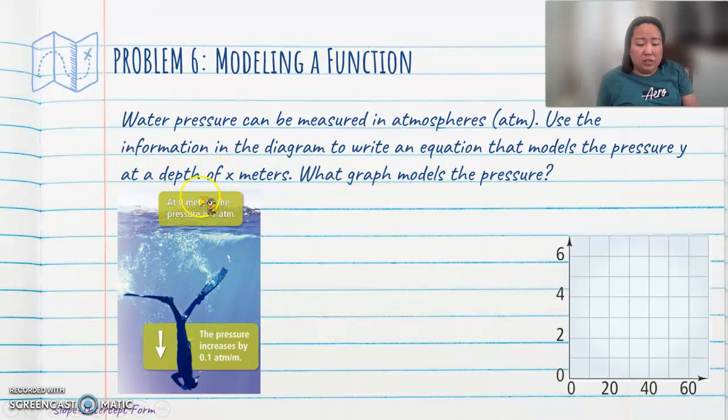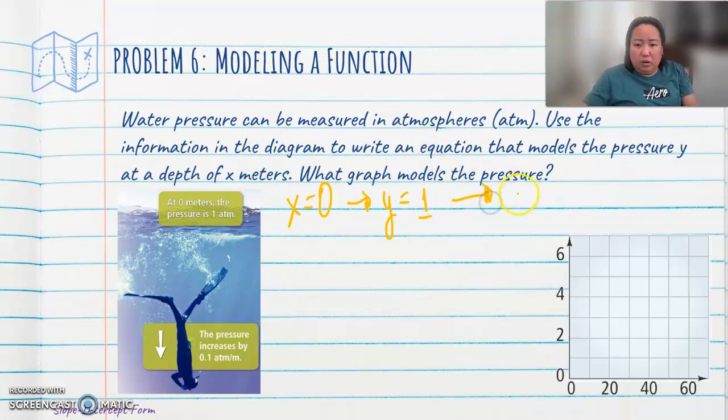So in this case, since we are given 0 as our reference point, okay, our pressure is at 1, okay? So if the distance x is 0, then the Y value is going to be 1 atmosphere. So according to here, the pressure is depending on the distance, okay? So if X is 0, Y is equal to 1, this is now your Y-intercept, okay?